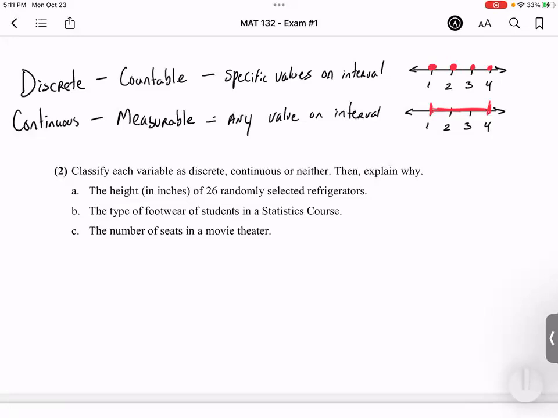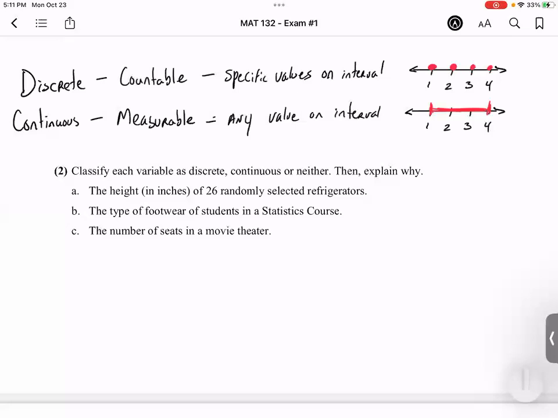So what are we looking at in regards to the refrigerators? Its color, its shape? What is the data in this problem, or your variable? What are we looking at pertaining to these refrigerators?